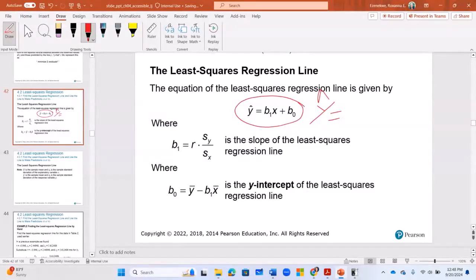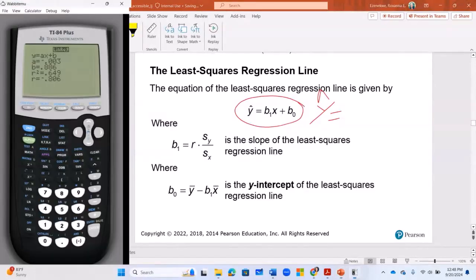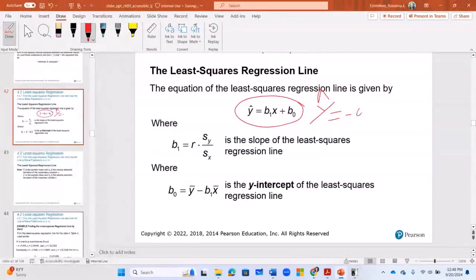So I'm going to get b1 again. What is the slope? The slope is negative 0.003, so negative 0.003x plus b.